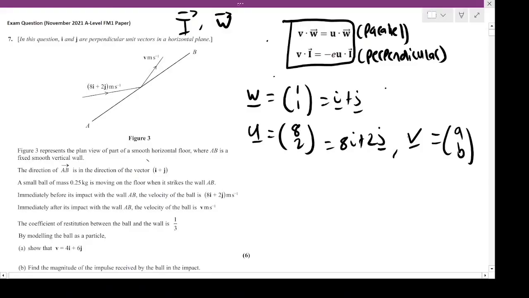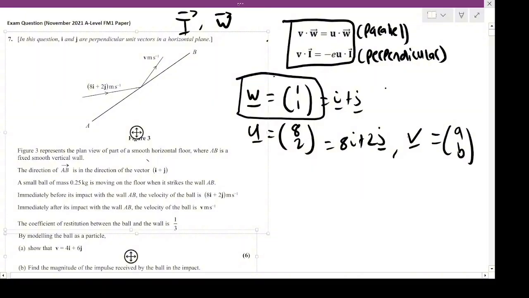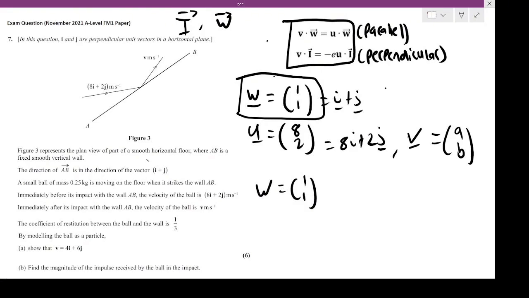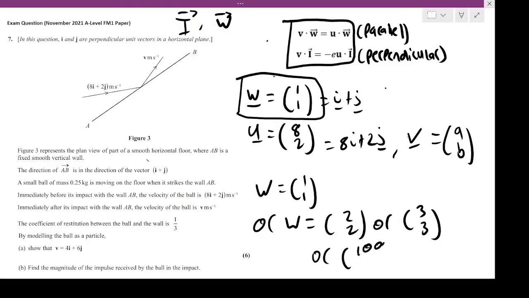For example, the wall has this vector (1, 1). So we could say that w is (1, 1), but actually we just care about a direction vector for w. So we could alternatively take w to be (2, 2), or (3, 3), or (1000, 1000).